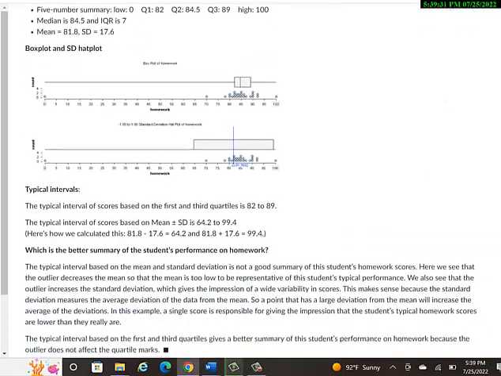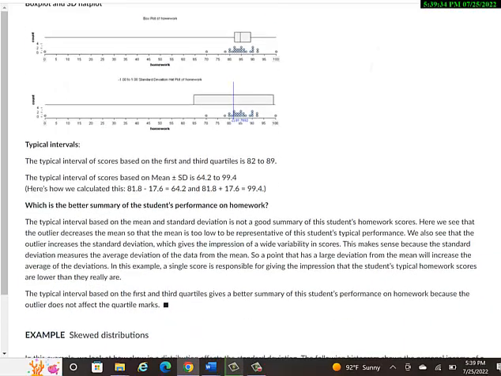Anyway, so what do we have now? Measuring these, depending on whether you use mean and standard deviation versus median and interquartile range, your typical interval is going to be different. The typical interval of scores based on the first and third quartiles, so if you're using median and quartiles, is between 82 and 89.